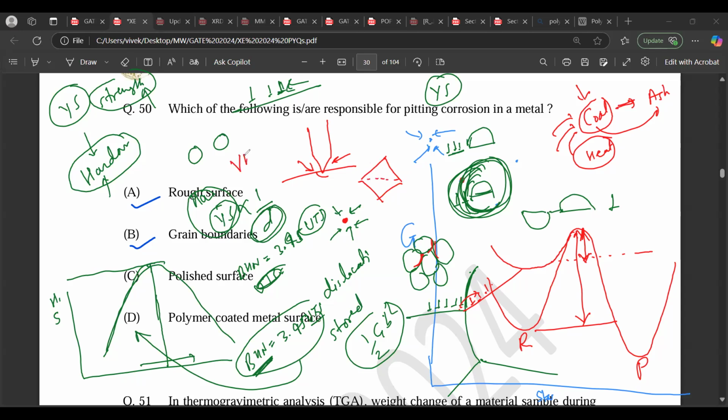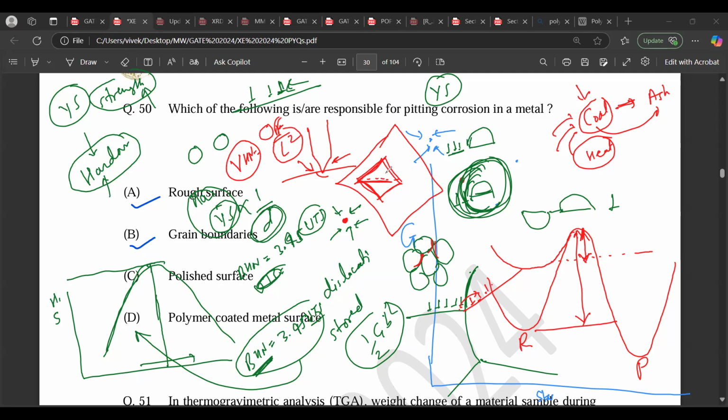So BHN is force, with a factor, divided by L squared. The bigger the diagonal size, the lower the hardness. When the material is very soft, a bigger notch will be generated, and that means the material has lower hardness.